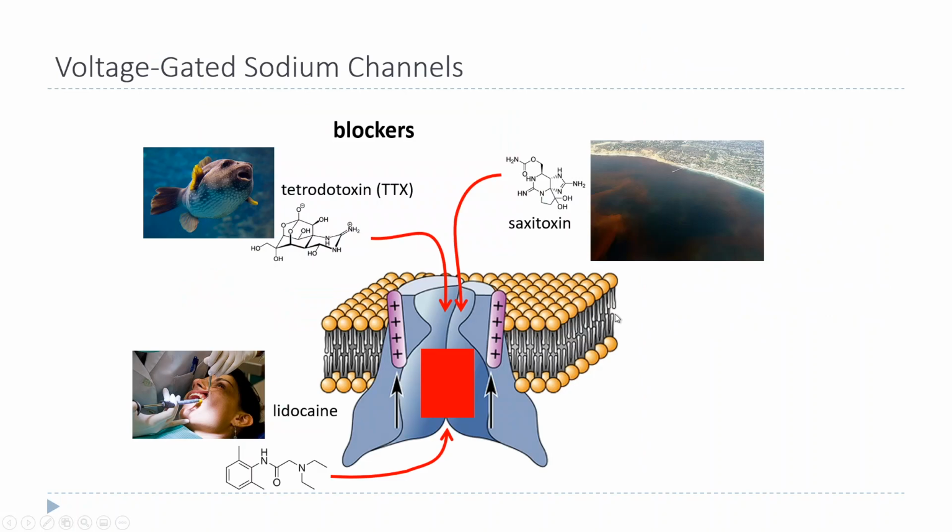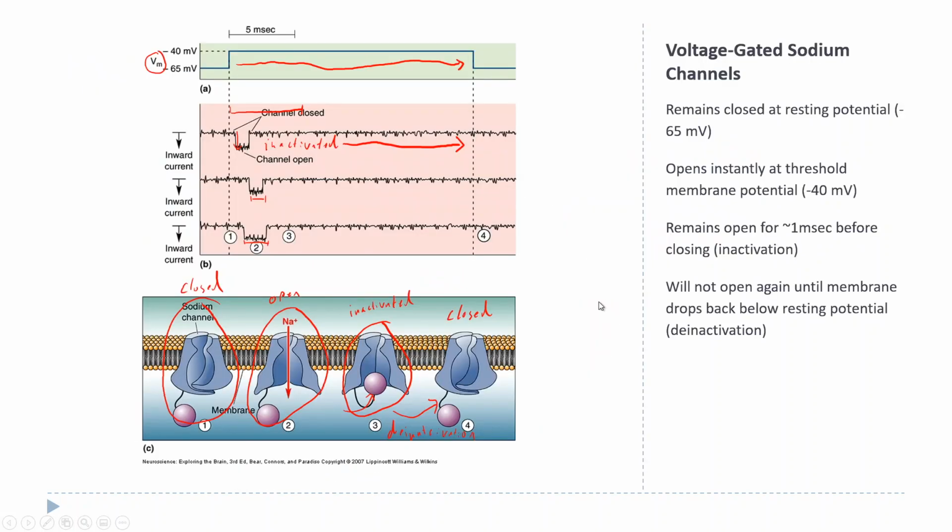Now, these are the channels that allow the sodium ions to enter the cell during that rising phase. And the reason the rising phase stops is because of inactivation. So we'll come back and look at that process more in a minute.